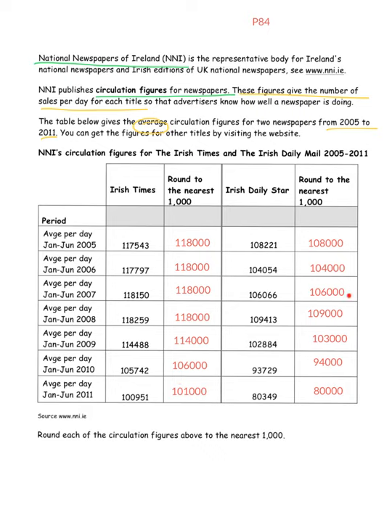This is the average of all the numbers for 2 newspapers. We have Irish Times and the Irish Daily Star, the number of sales per day in these periods, from 2005 up to 2011.